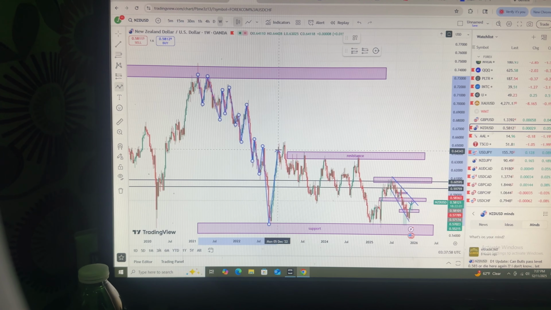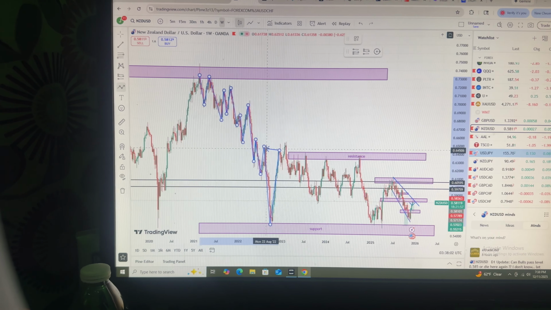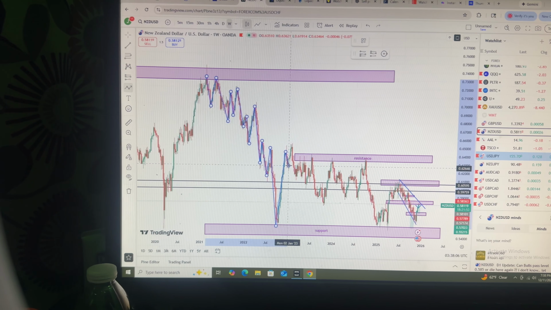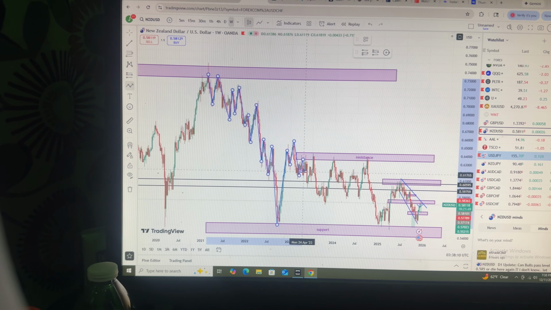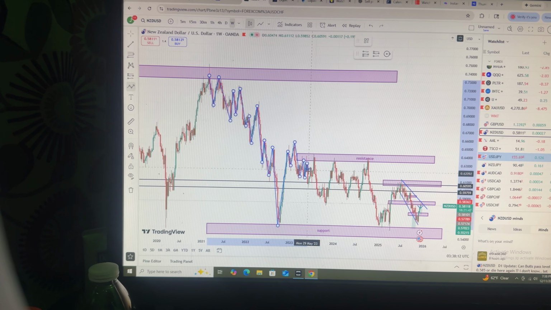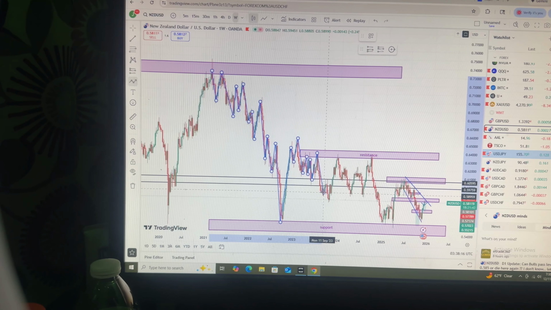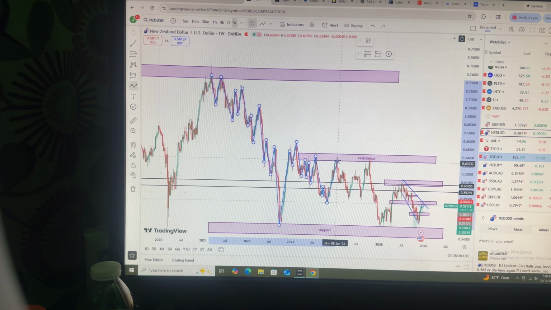Then it went up here, came back to retest this high up here, right? These lower highs, but it didn't break, so it made another lower low, then made another lower high. Then here it kept retesting here a lot, right? It kept going, then made another lower high, then another lower low. It came back up again.